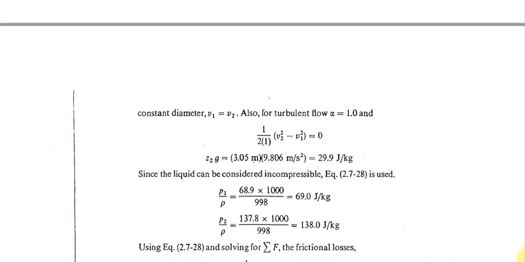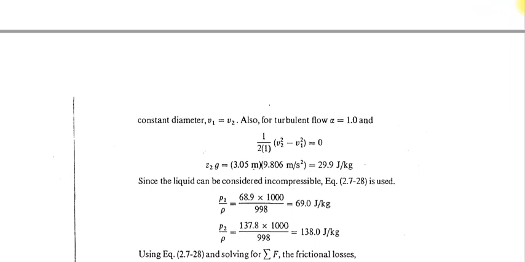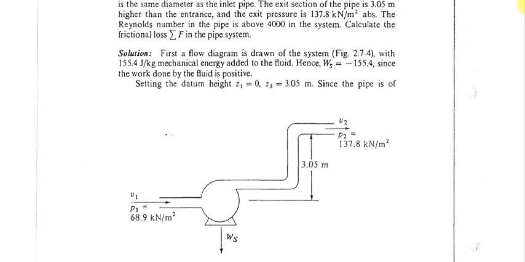So first, we will use the equation of continuity. The equation of continuity is rho 1 v1 a1 equal to rho 2 v2 a2.